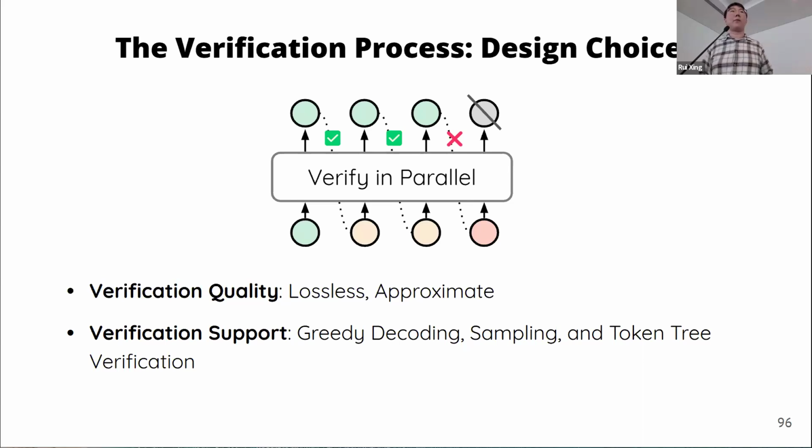First, we care about the verification quality: is it lossless or an approximation of the original? If it's an approximation, it can yield more speedup, but usually has a negative impact on the output quality. We also have the verification support: we have already mentioned greedy decoding, sampling, and lastly we will introduce token tree verification.